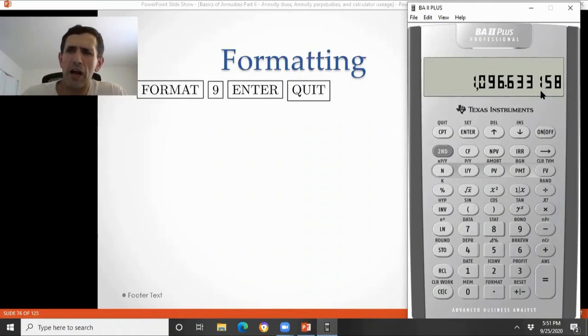It's going to spit out way more decimals than it did before. I think this only displays 6 decimals, but when you do calculations, like if I multiply this by something else, the calculator will actually use 9 decimals.